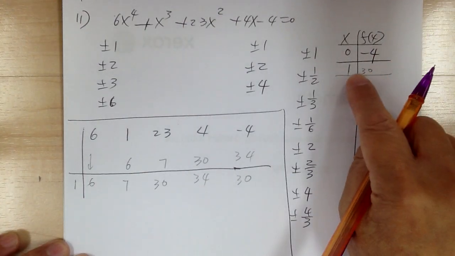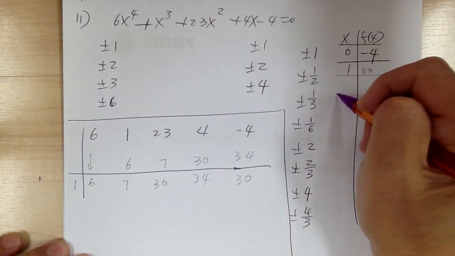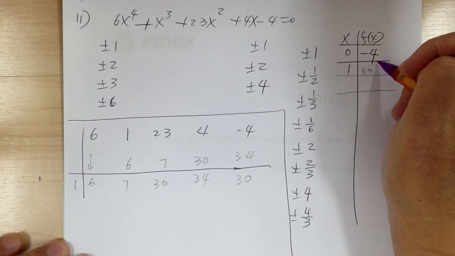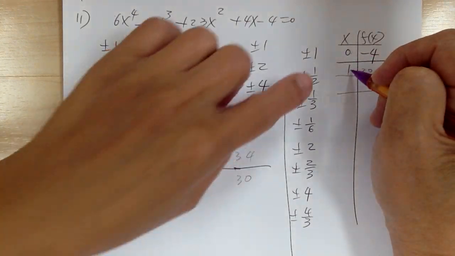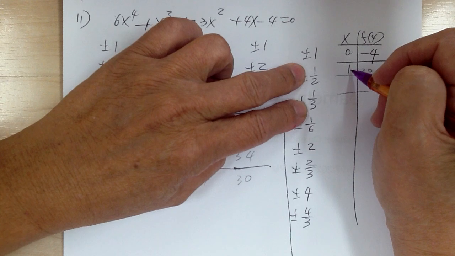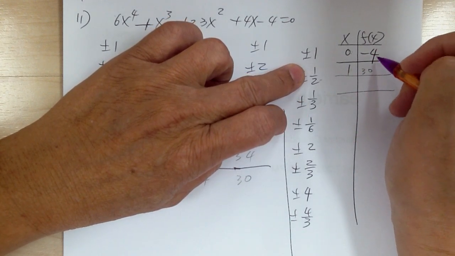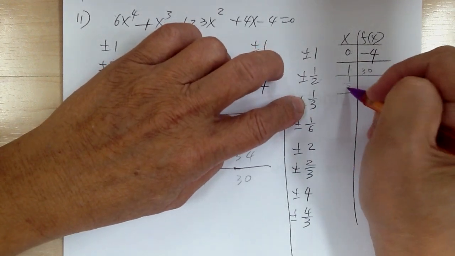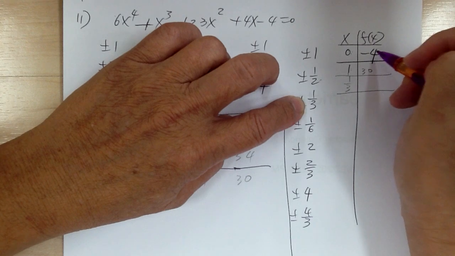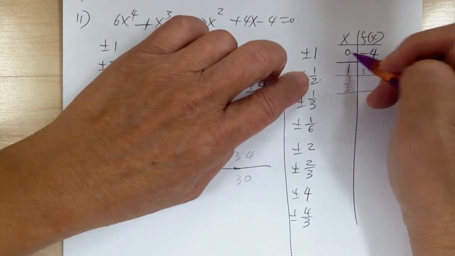So that means I'm going to try a number somewhere close to that. Again, 0 is much closer to that, so there are two numbers between 0 and 1: 1/2 and 1/3. Now if you try 1/2, you're going to get somewhere about 15 or maybe 13. So I'm going to try 1/3, because the root is much closer to 0 than 1/2.